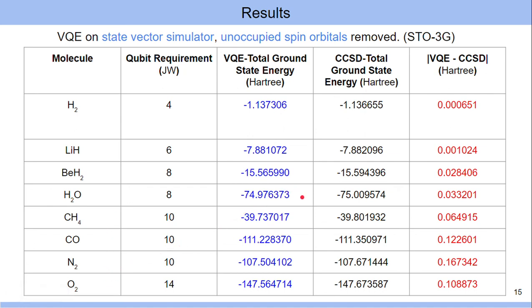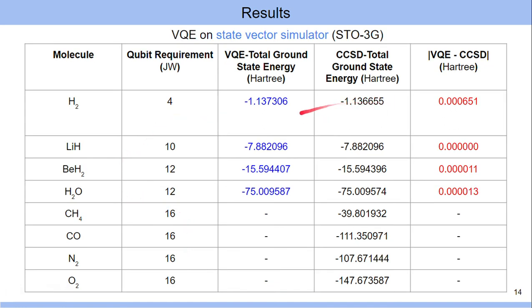Here, due to our approximation, the ground state energies deviated more from the CCSD values, but it still acts as a proof of principle that one can find out the ground state energies of molecules requiring qubits as high as 14, provided there is a suitable number of qubits. Also, the high accuracy of our VQE for molecules ranging from hydrogen to water shows that VQE is an accurate method when compared to our classical techniques.